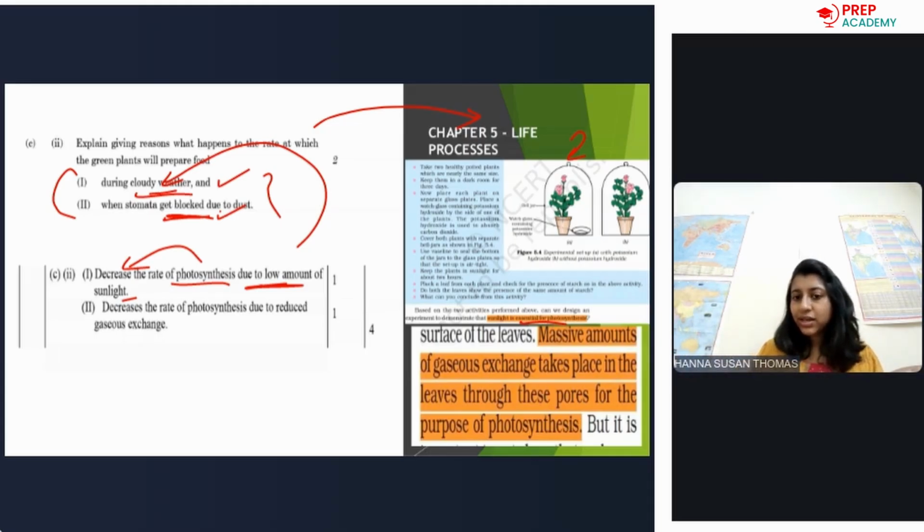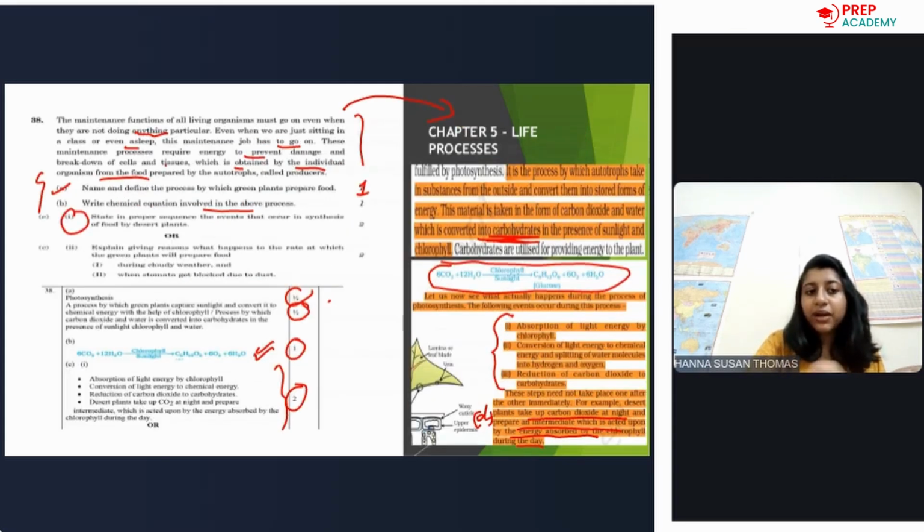This is also mentioned in your reader. If you write these two answers, you will be awarded 2 marks, and along with the other A part and B part, you will be awarded 4 marks.